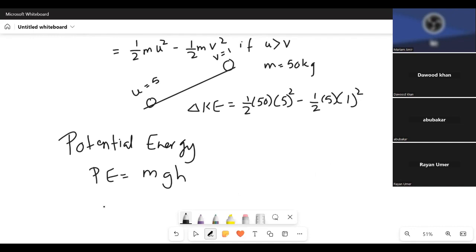Kinetic energy is the energy due to the speed, and potential energy is the energy due to the height of an object. Hence, there's an H in the question. Okay, now this height is always the perpendicular height.